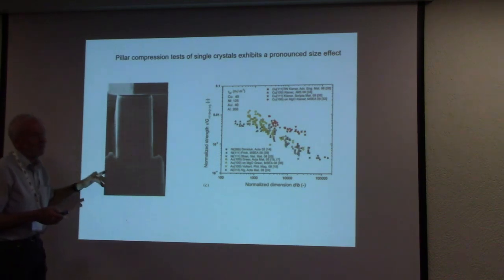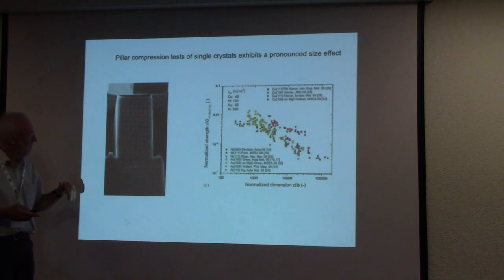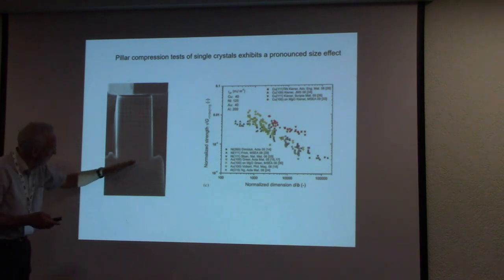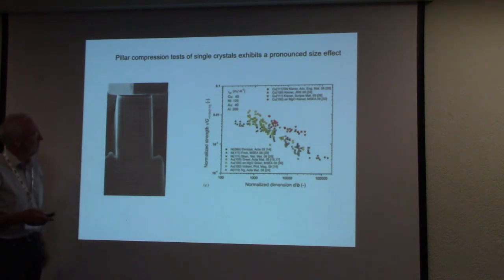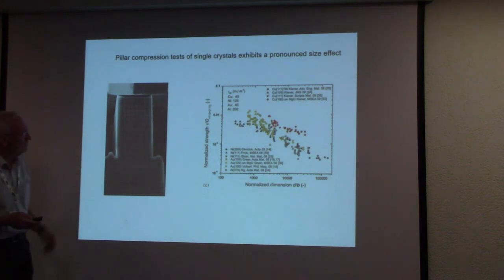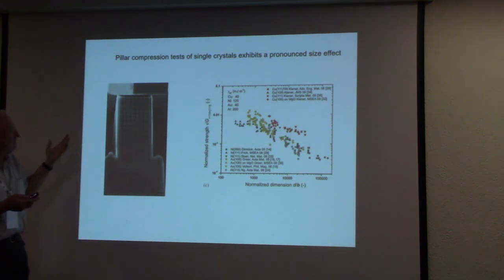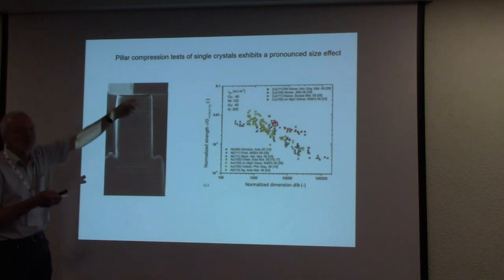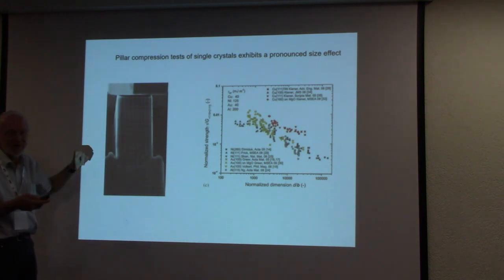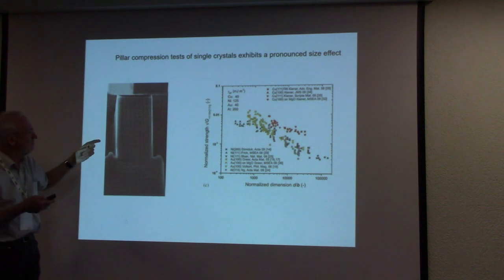If they run into the surface, it is difficult. So they cannot pass through the whole sample. And that's a problem with compression experiments. But compression is the most simple experiment if you make small samples, because it is very easy to fabricate such a pillar with a focused ion beam.